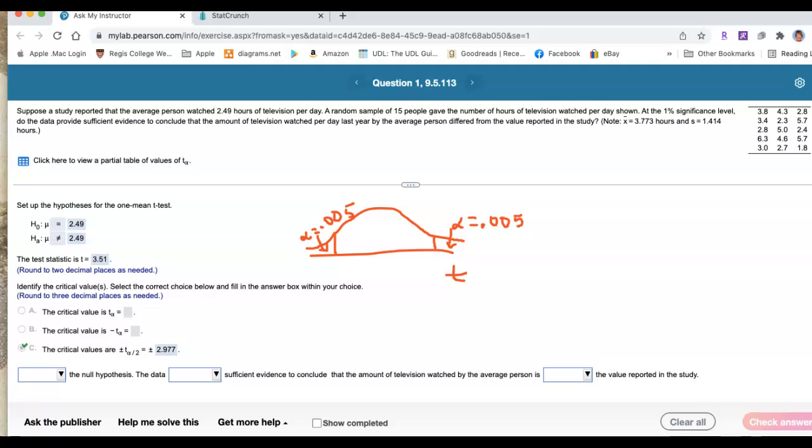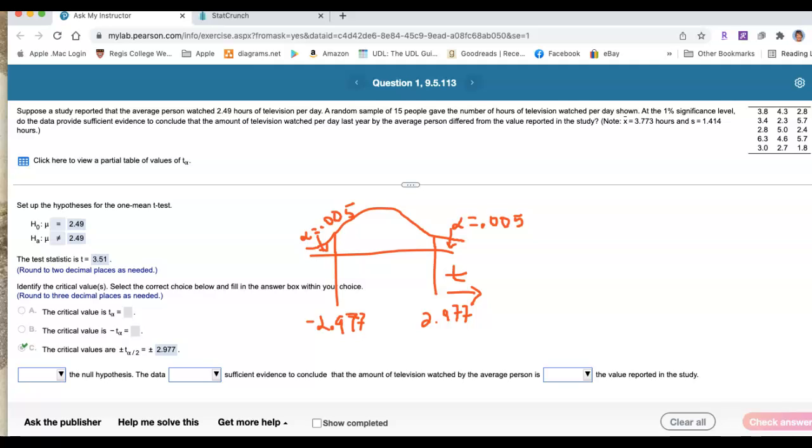Okay, so my critical values are 2.977, and this one is minus 2.977. My test statistic is 3.51, which is to the right of the critical value.